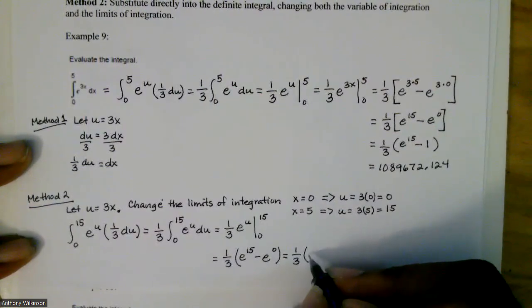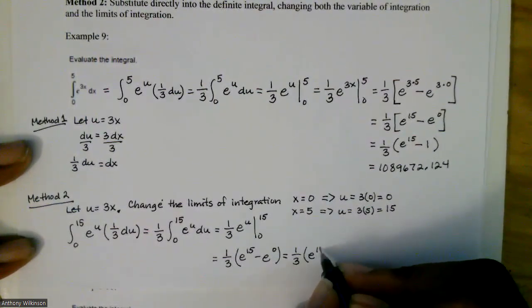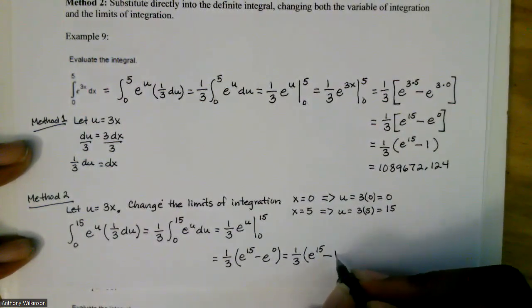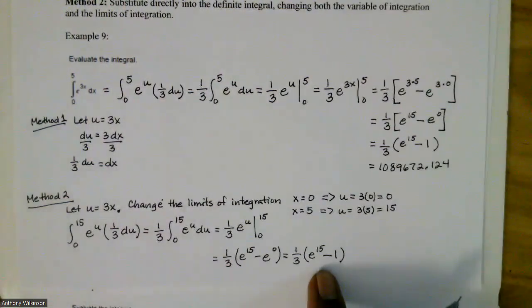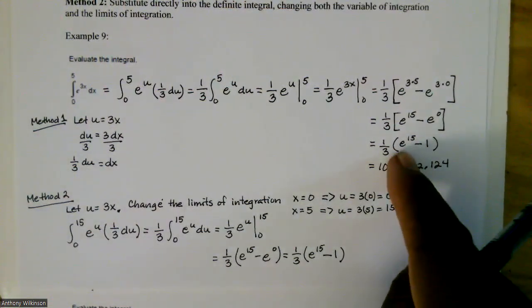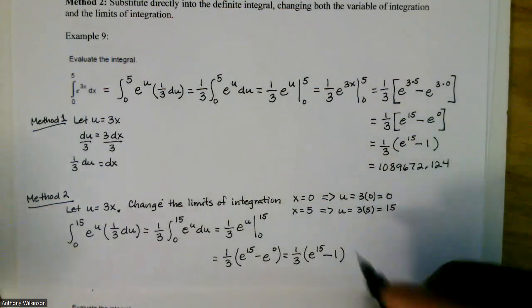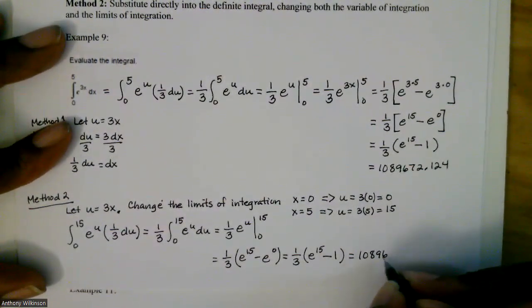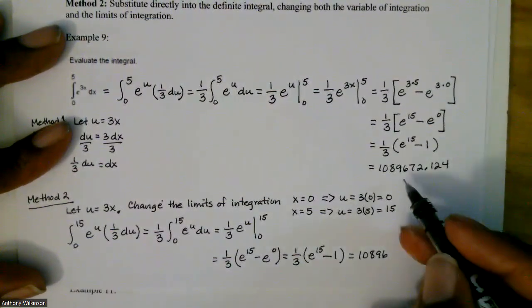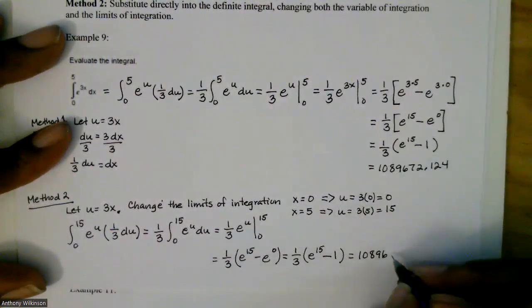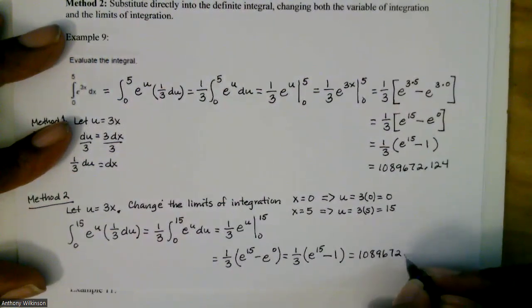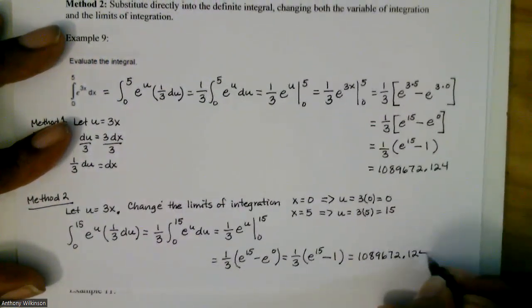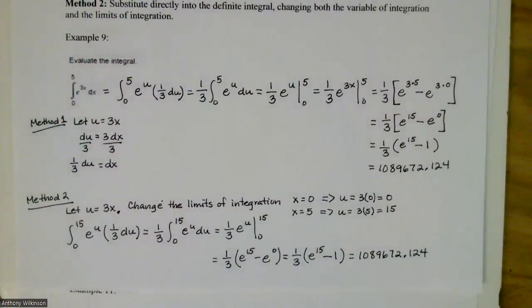And e to the 0 is 1, so I have 1/3 times the quantity e to the 15 minus 1. Well, that right there is the same as this right here. And if I did that in the calculator, I'd still get 1,089,612.124.